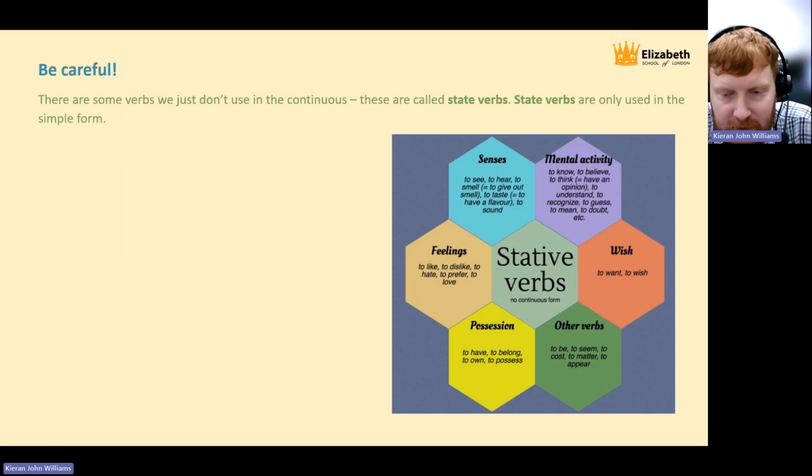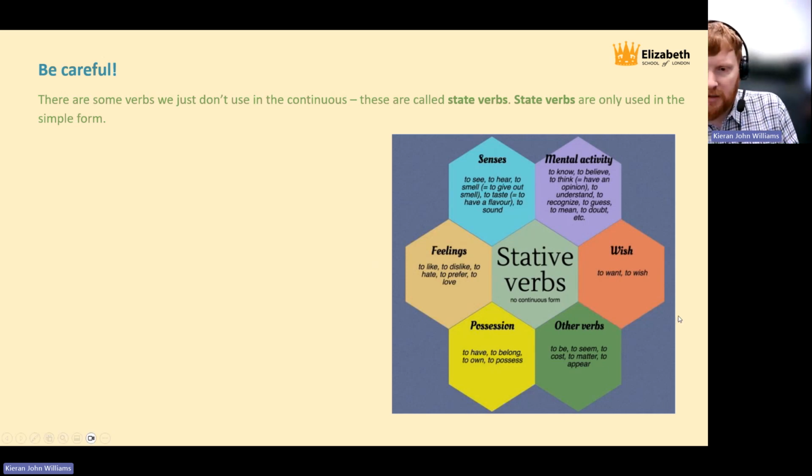But something we need to remember: you need to be careful because there are some verbs that we just never use in the continuous. These are called state verbs or stative verbs. These verbs we only ever use in the simple form, we never use in the continuous form.